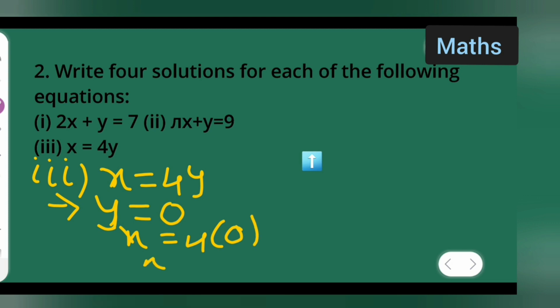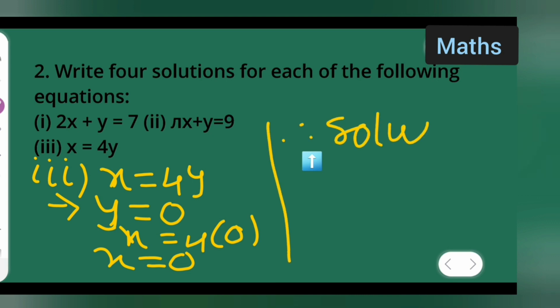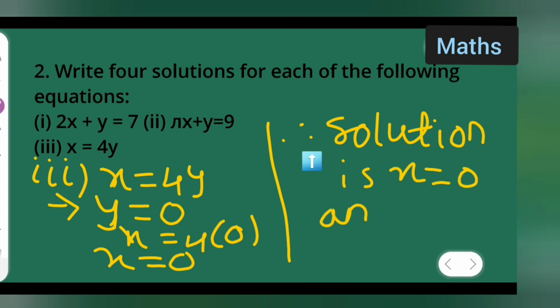So x is equal to 0. Therefore the solution is x is equal to 0 and y is equal to 0. Okay.